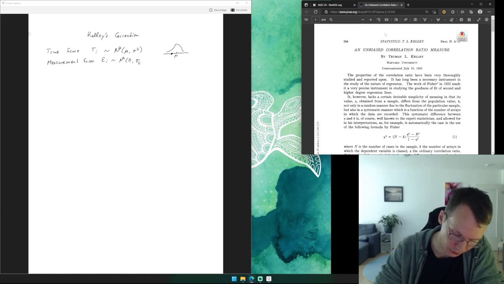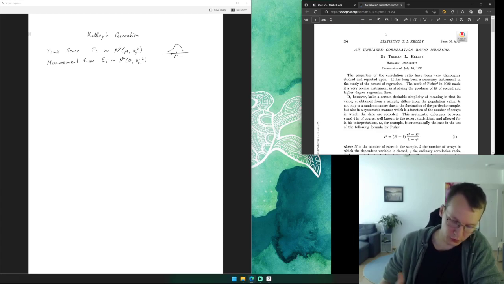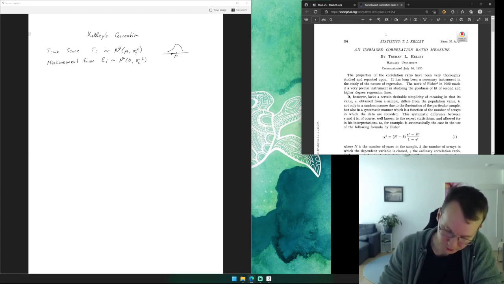And let's call the variance here sigma_E squared. And let's call the variance of the true scores sigma_T squared. So for this true value, a participant has some measurement error, and whatever comes out is the observation x.